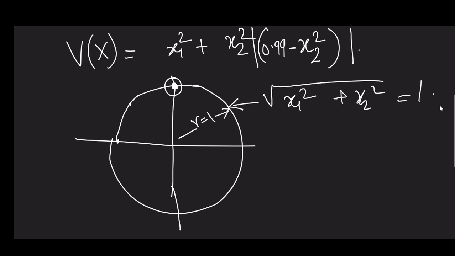Perhaps you will realize why I am giving you this kind of example: to make sure that you develop a notion that it is not only about being positive definite or negative definite. Whenever we talk about positive definite, this kind of function comes to mind, but this is not the only type of positive definite function; this is also a positive definite function by its own.